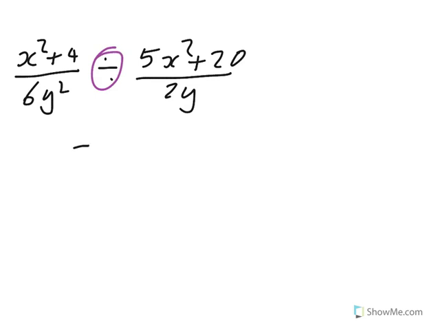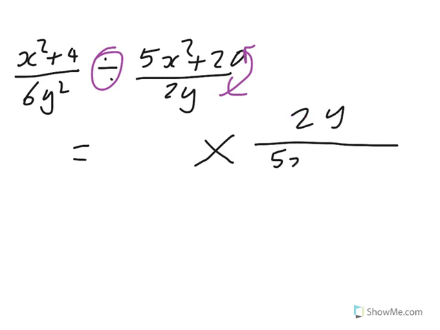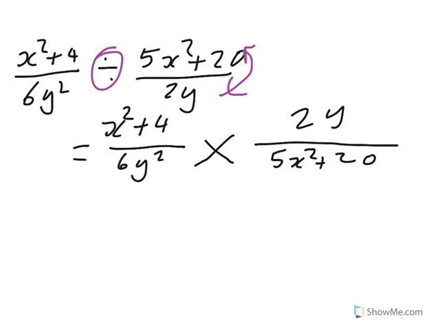To do something about this, we turn it into a times, but when we turn it into a times, we've got to flip this. So that then becomes 2y over 5x squared plus 20. And the first fraction stays as it is.